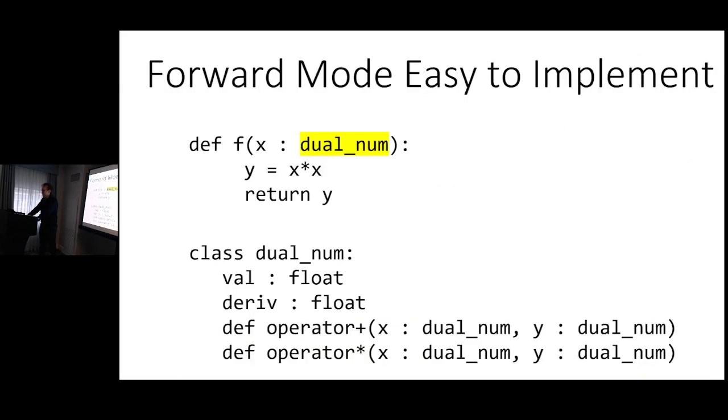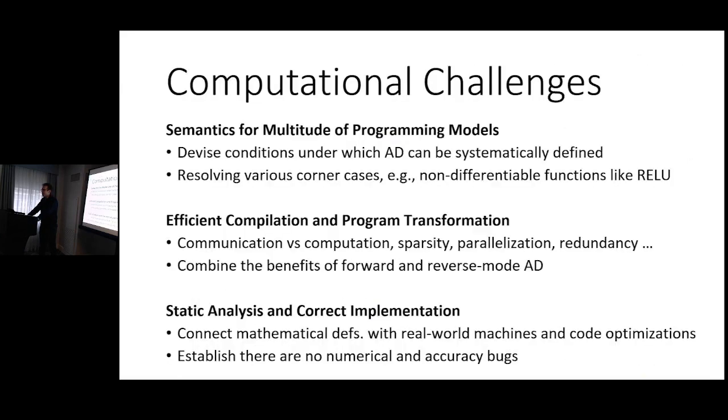Implementation, simple. And let me then go into today's papers, where I'll just tell you that they try to resolve various computation challenges, both on the semantic level, on the level of transformation, and the level of static analysis.